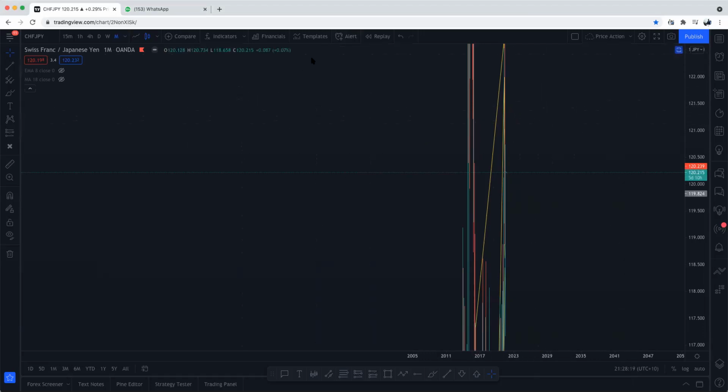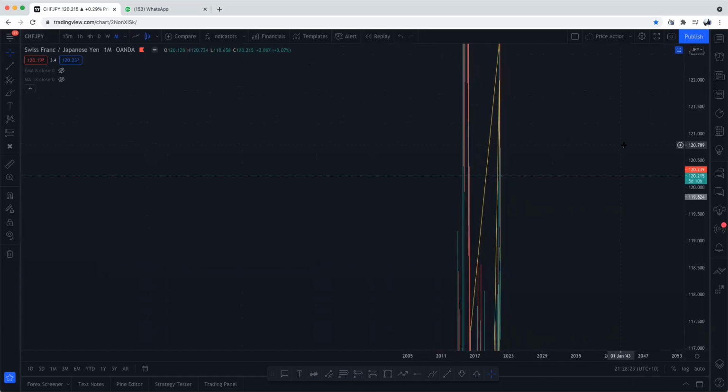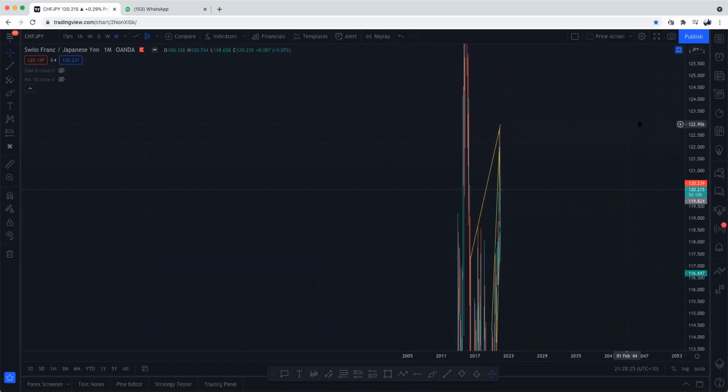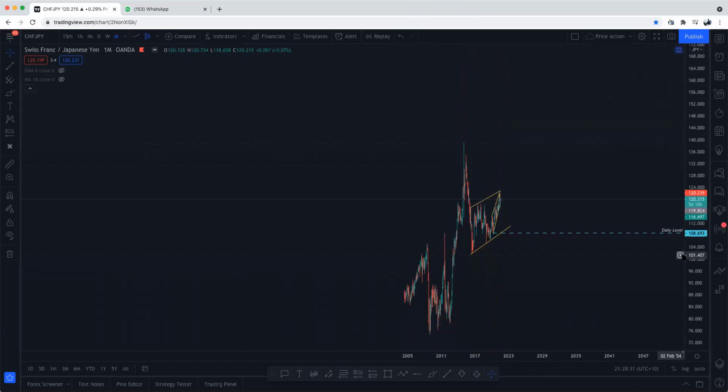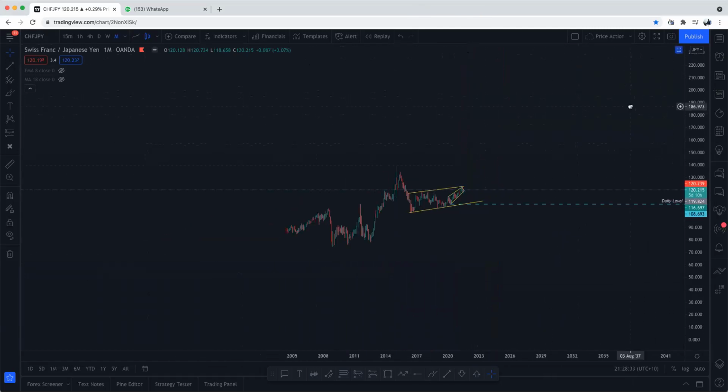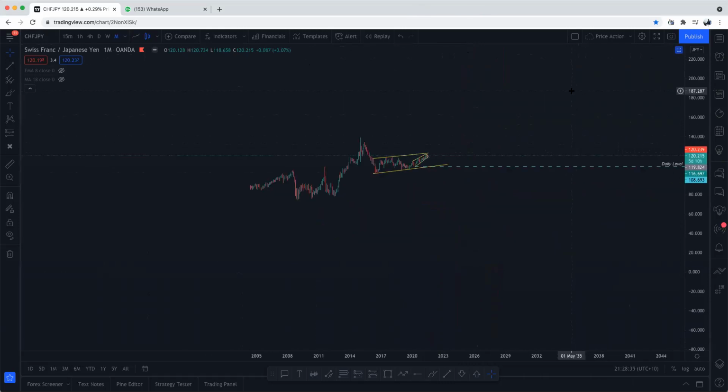So with the monthly on this pair, CHF JPY, we'll just do it quickly. Then I'll give it to my brother to finish off. So on the monthly, this is the structure that we have, okay? So price moved in this fashion.